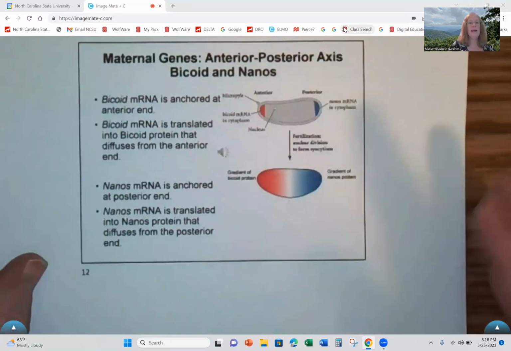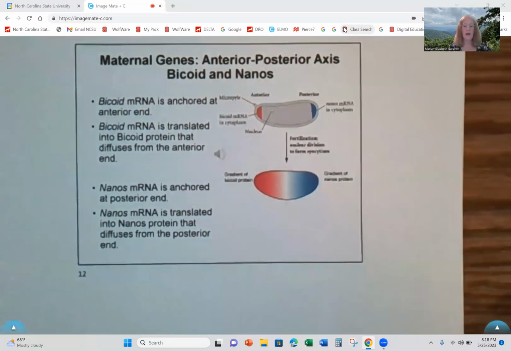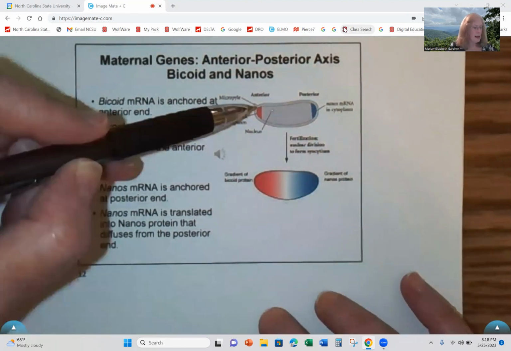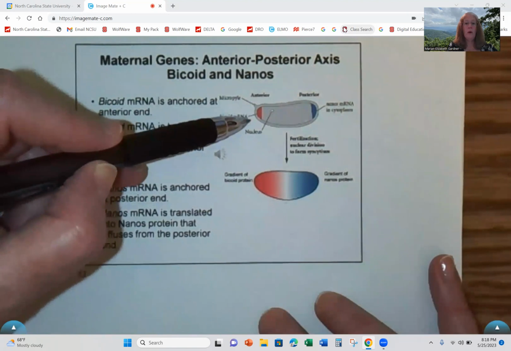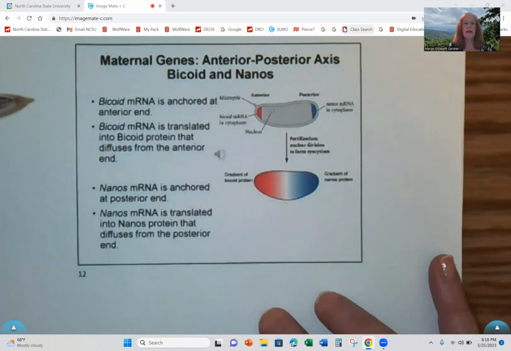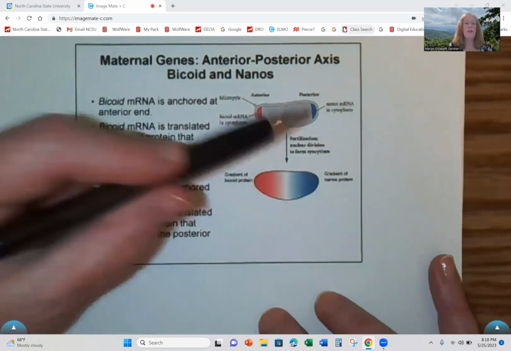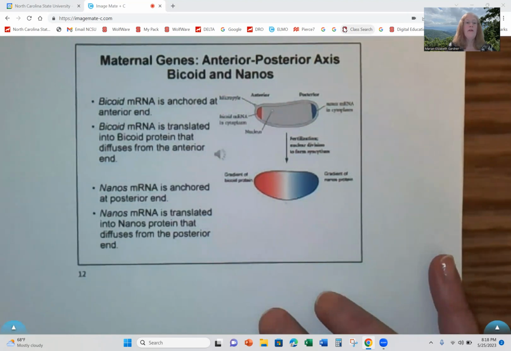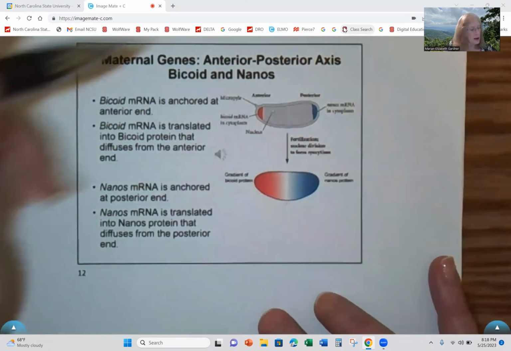Now, we also have maternal genes that are important in establishing the anterior and posterior axis. And initially, it's the bicoid, which is in the anterior side, and the nanos, which is in the posterior side. The bicoid messenger RNA is anchored up here.